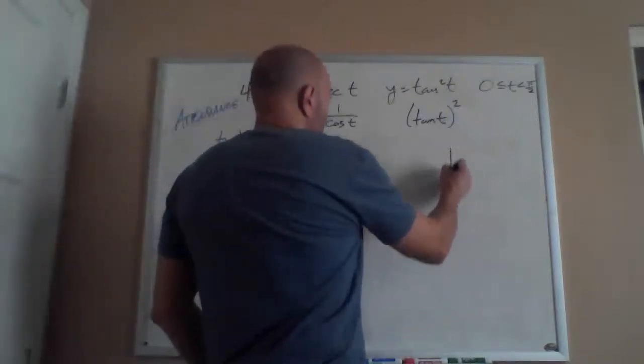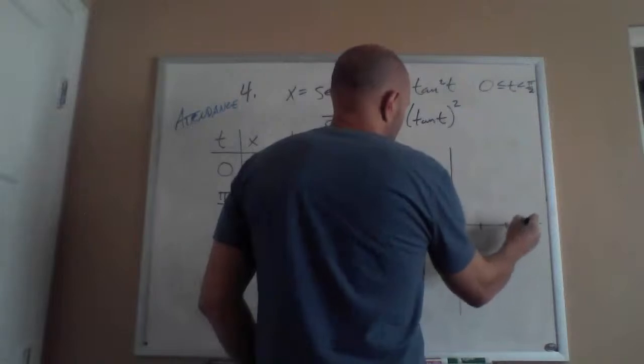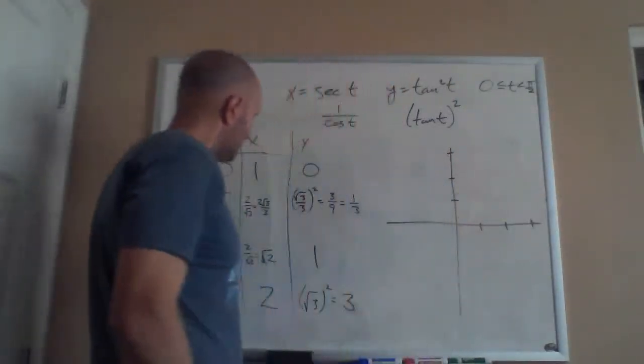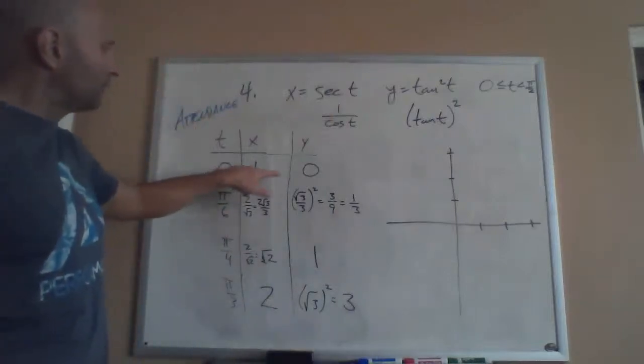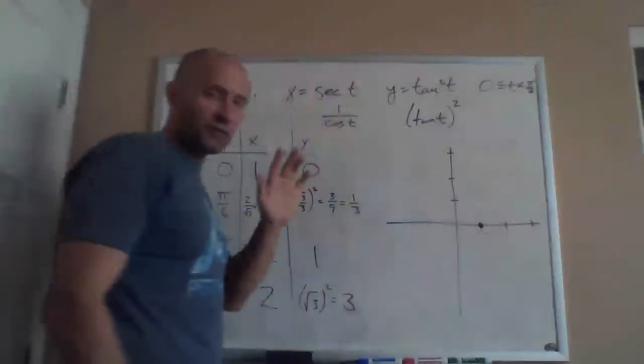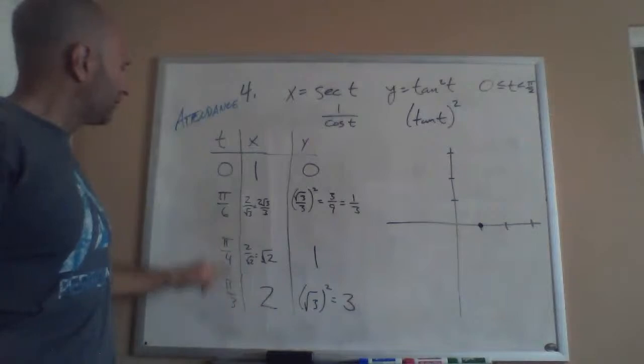So if I draw this or sketch it, my first point is at 1, 0. So that puts me right here on the x-axis. That's where this thing starts. And from here, where does it go?